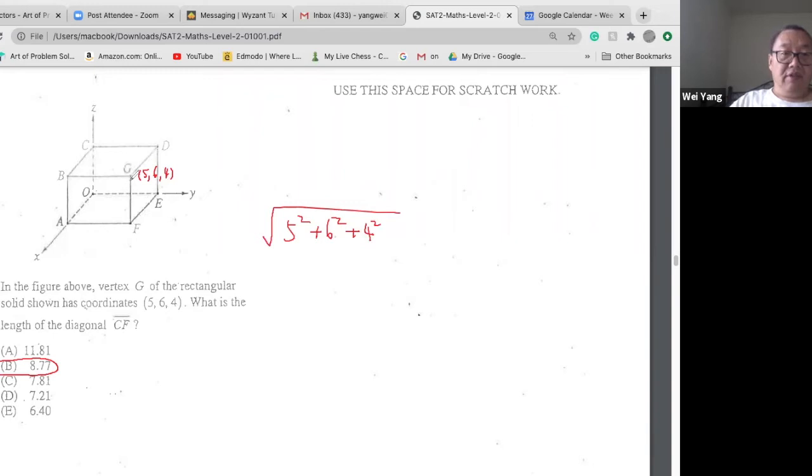Right? So this will equal the square root of 25 plus 36 plus 16. Yes, you're right. That equals 8.7749. Yeah, this one is correct.